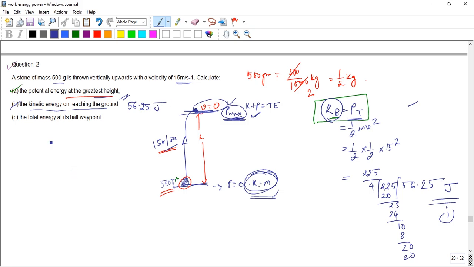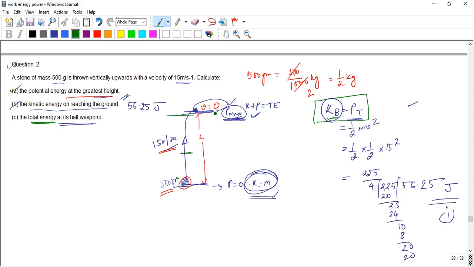Okay, the total energy at the halfway point. That's the important point. At the halfway point, the midpoint, the total energy. We know the conservation of energy principle: the total energy is always fixed, a constant.